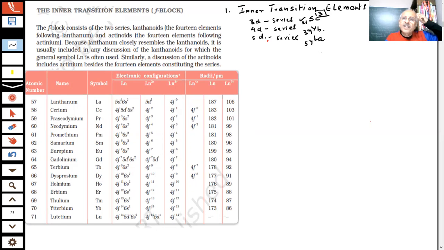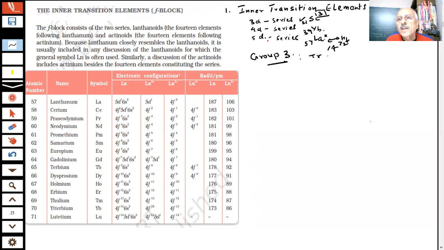So here, what is happening, students? After lanthanum, how many elements are missing? 14. 14 elements are missing. And then the next element here was hafnium. So what was the atomic number here? 72.